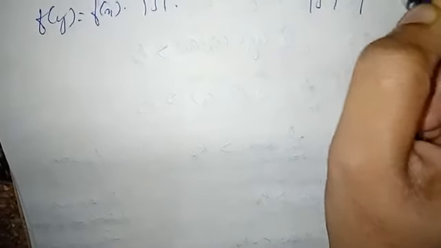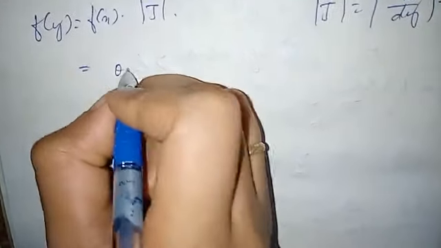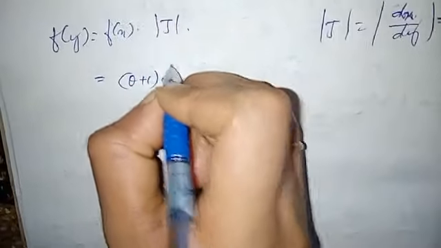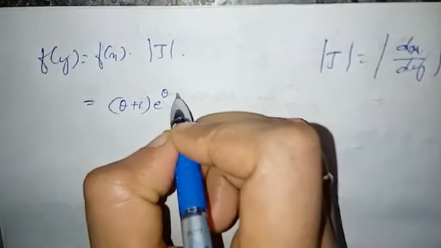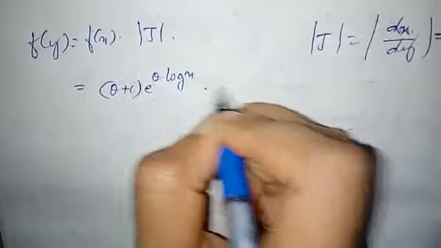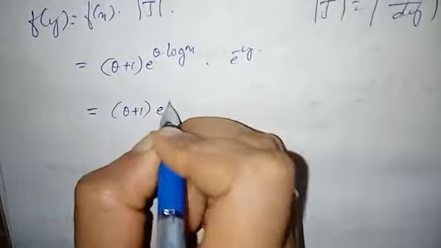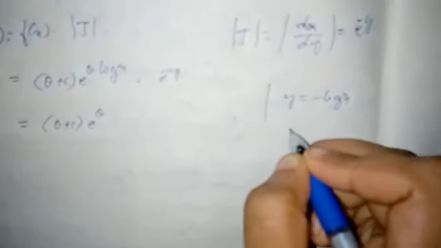It is the modulus of dx/dy, which is e^(−y). Here f(x) equals (θ + 1) e^(θ log x), and the Jacobian is e^(−y). Since y equals minus log x, log x is minus y.